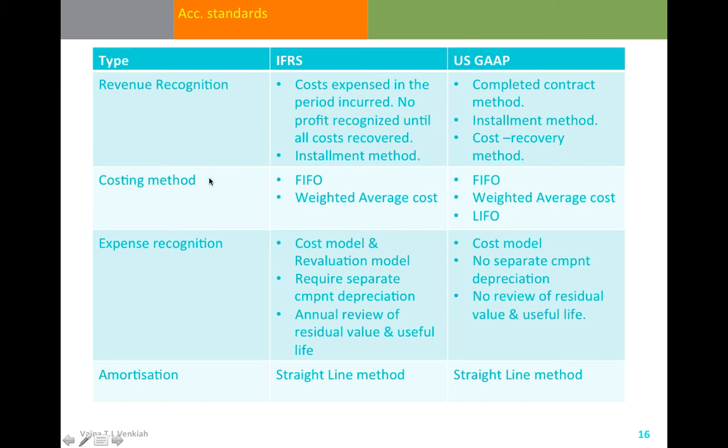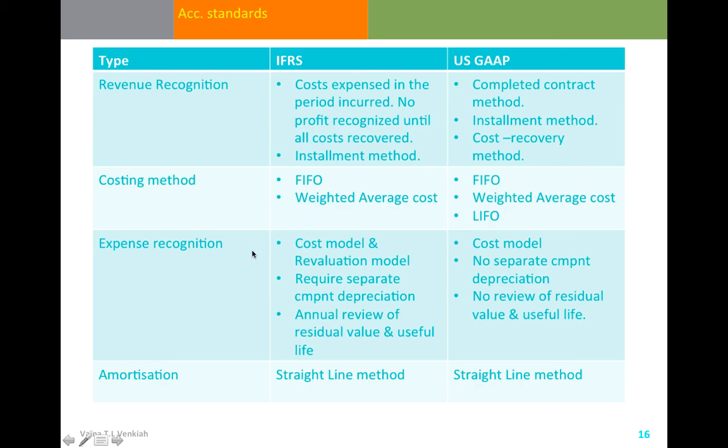When we look at the costing method, IFRS allows FIFO and the weighted average cost method, whereas US GAAP allows FIFO, weighted average cost method, and LIFO. It is to be noted that the LIFO costing method is not permitted under IFRS.